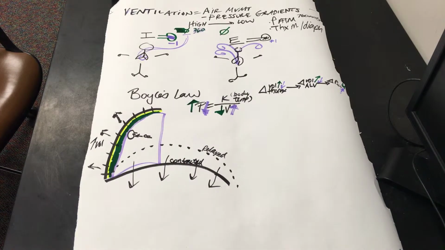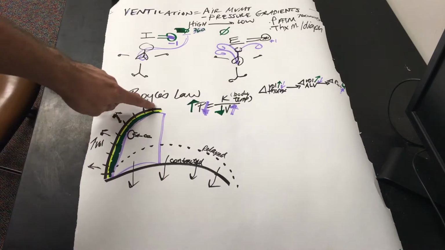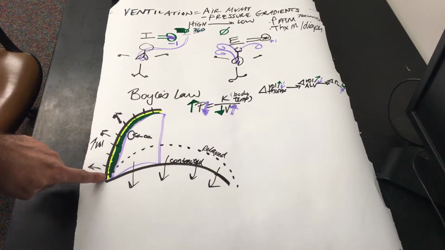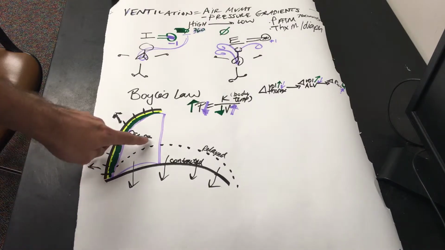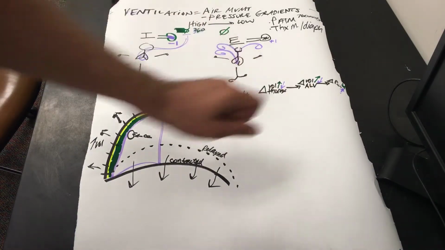Okay. So this is the reason that a change in volume of the thorax translates to a change in volume of the alveoli.